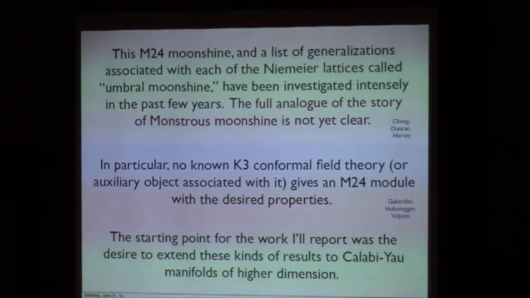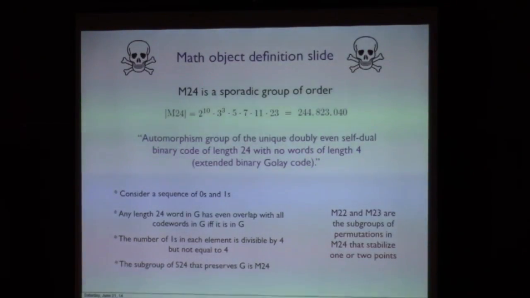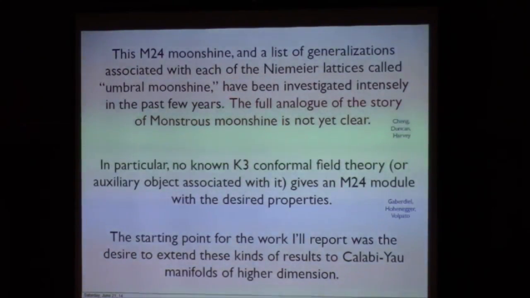Okay, so this M24 moonshine, the relation between the Jacobi form associated to K3, the elliptic genus, and these representations, and now a very large set of generalizations that associates a moonshine with each Niemeier lattice. These are other preferred 24-dimensional lattices distinct from the Leech lattice, called umbral moonshine. These moonshines have been investigated pretty intensely in the past few years.